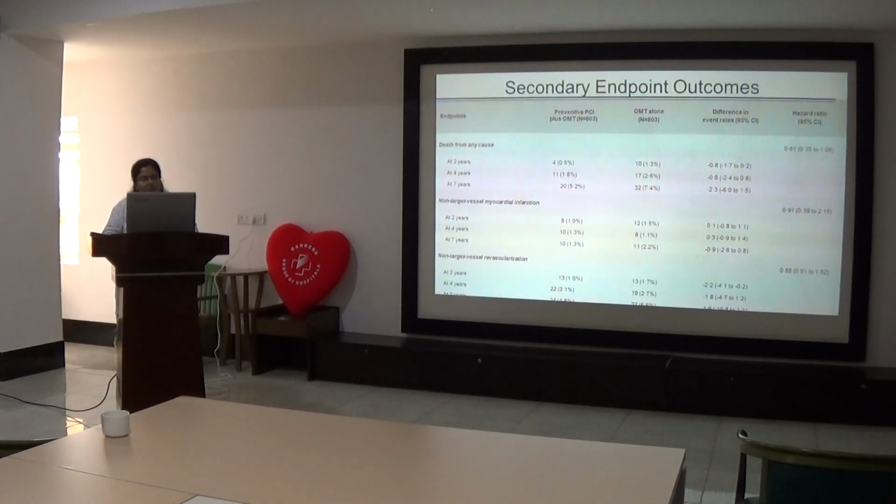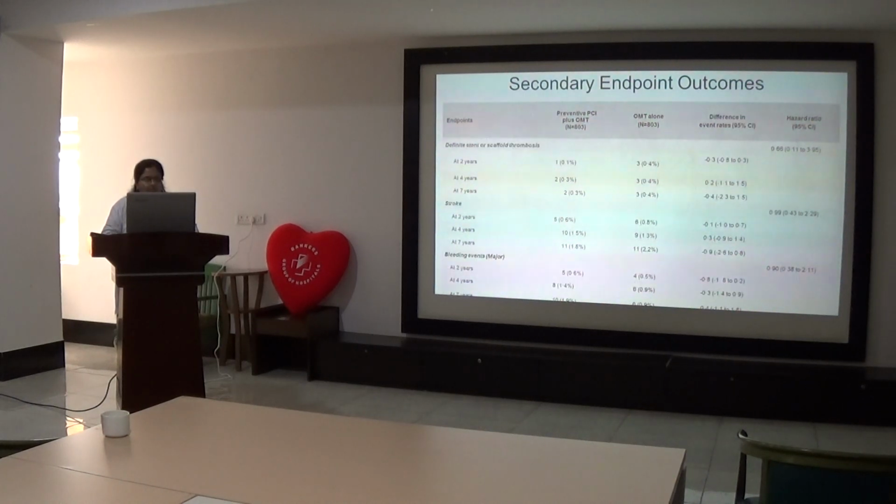These are the individual components coming from secondary endpoints. They were mostly the same, even for non-target vessel revascularization, the same percentage. For MI also it's nearly 1% to 1.5%. So for secondary endpoints there was not much major difference between both the therapies. It is very interesting.